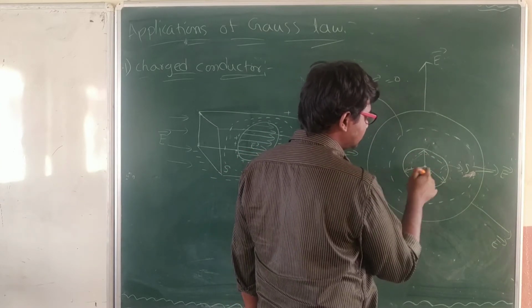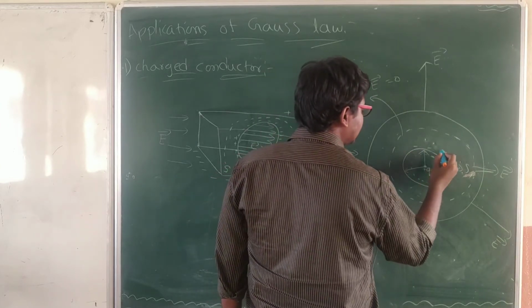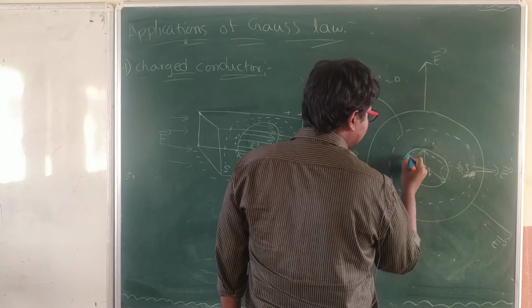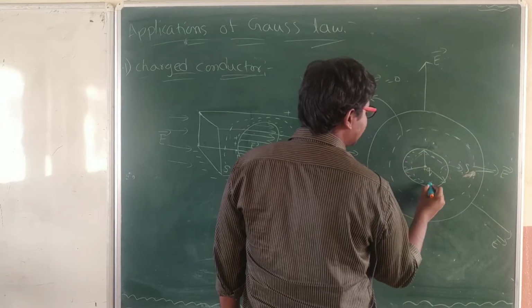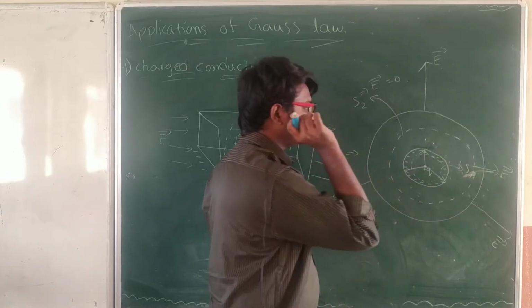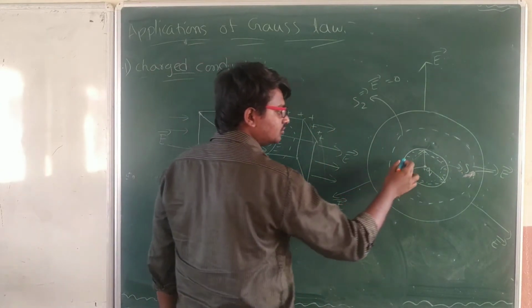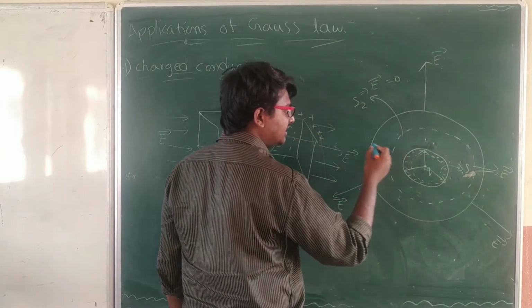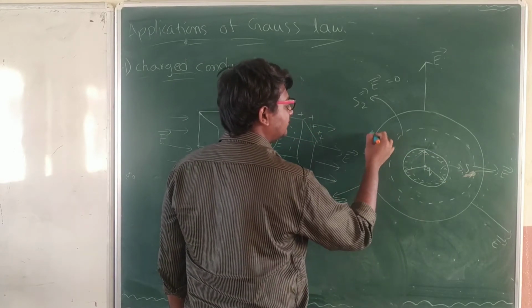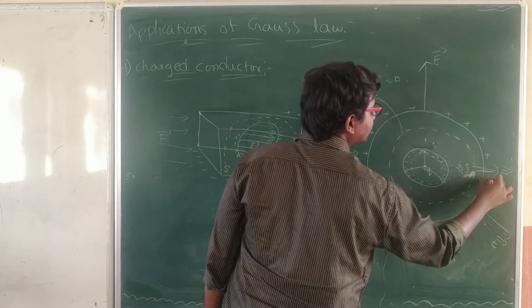This positive charge tries to attract the free electrons towards it. That is the reason all the negative electrons, or you can say negative charge, will be accumulated on the inner surface or the inner walls of the cavity. And due to these electrons, the same amount of charge will be distributed positively.